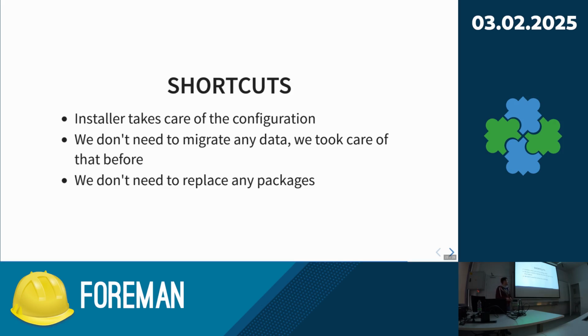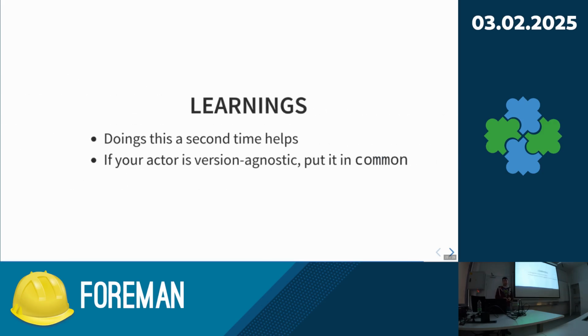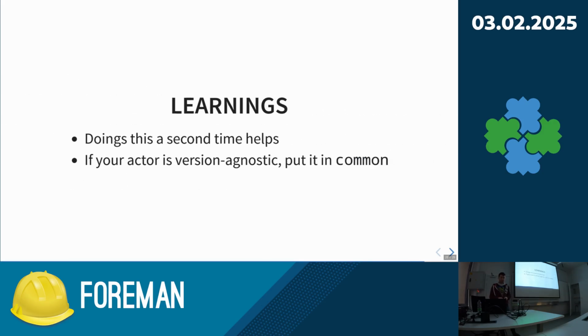So yeah, that's what we did, what we shortcutted, and it really helped that we were doing this the second time. And this time we also learned the Leapp structure: you can provide actors that are either upgrade agnostic, so it has a common folder, and an EL7 to EL8, 8 to 9, and probably sometime soon a 9 to 10.